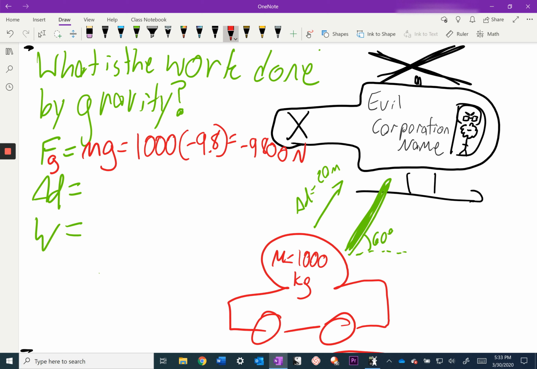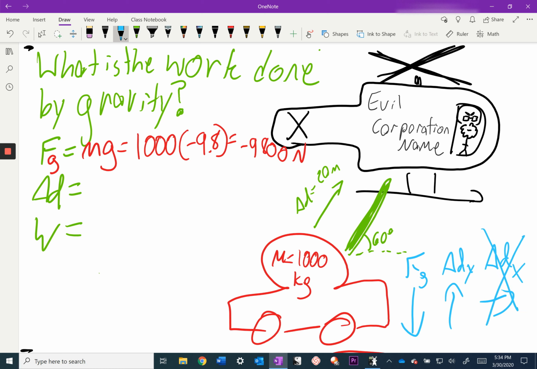And now, if we remember from what we were talking about earlier, our force of gravity is pulling down. However, our displacement has an x and a y component. Our displacement in the y is up, and our displacement in the x is to the left. So the force of gravity is vertical, so we care about the vertical displacement.